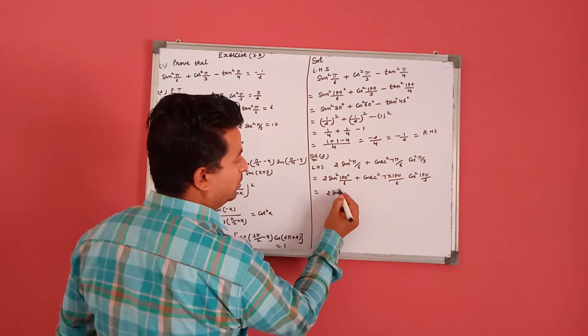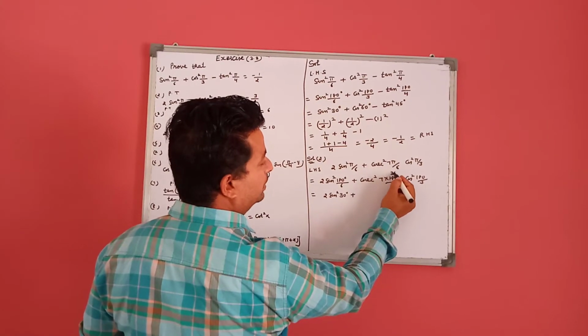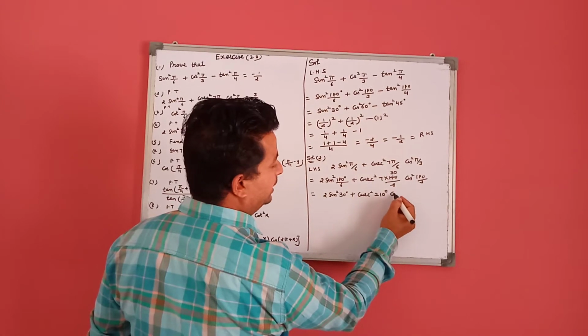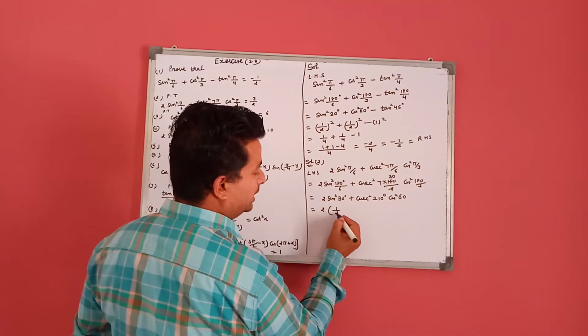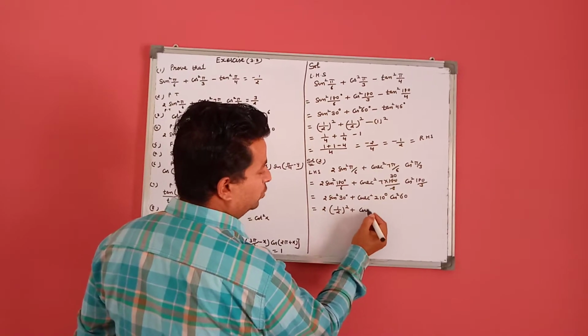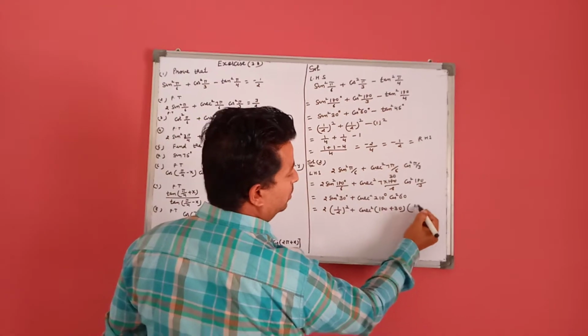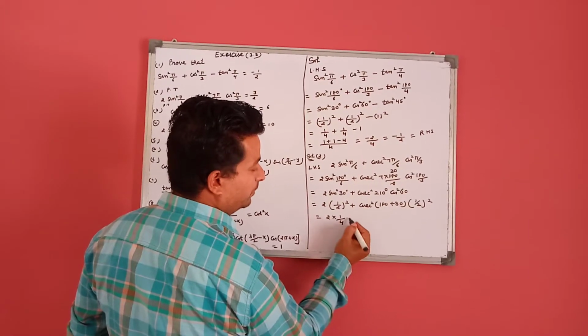This cancels out as 30 degrees, and this is cosecant square 210 degrees, and this is cos square 60. The value of sin 30 is half. 210 is 180 plus 30. Cos 60 is half. This becomes 1 by 4.